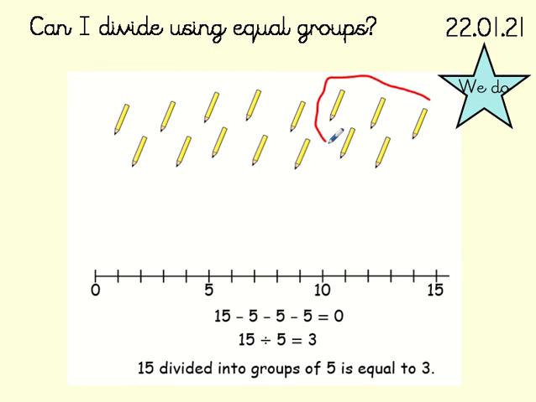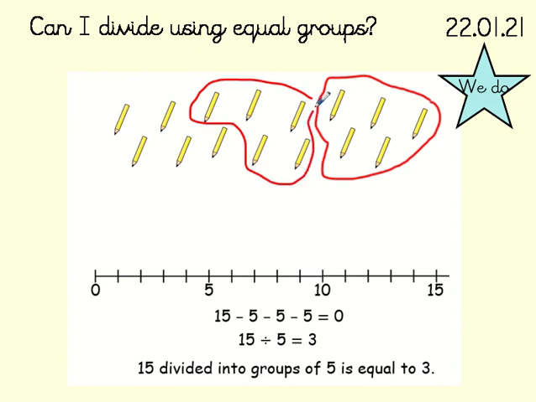I've got 5 here, careful, 5 here, and I've got 5 here. So let's have a look. I've got 3 groups of 5 pencils. So I can say 15 divided into groups of 5 gives me 3.